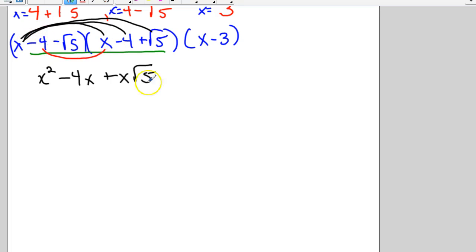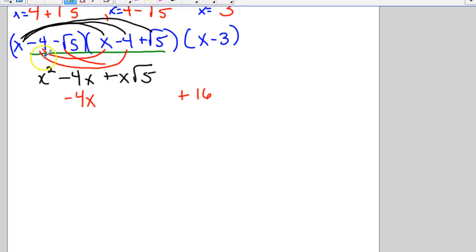So negative 4 times x becomes a minus 4x. I'm writing him underneath his like term, which is the x. Now I'm going to multiply negative 4 times negative 4. I get a positive 16. I'm writing him over here because I don't have any numbers to align him with, so I create a new spot.